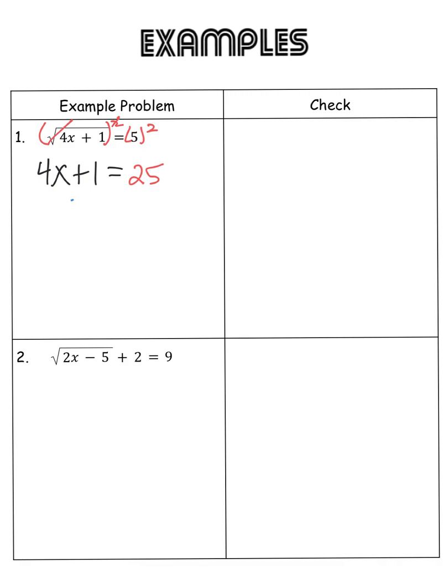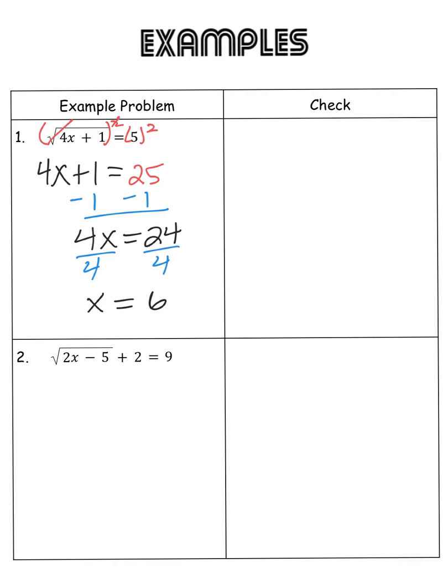So I'm going to use inverse operations. The inverse of addition is subtraction, so I'm subtracting 1. So I have 4x equals 24. And then I'm going to get rid of the 4 in front of the x using division because that actually says 4 times x. And I get x equals 6.